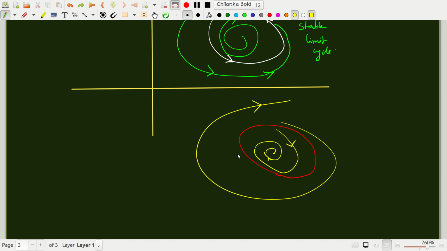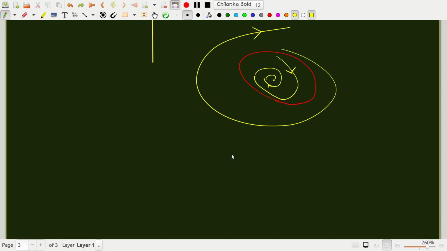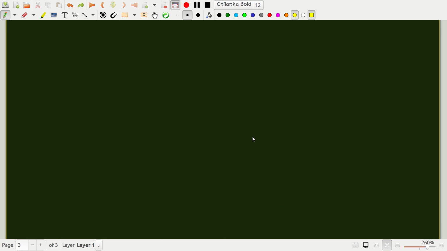These are inherently nonlinear solutions. This is a very special feature in two-dimensional systems. We'll come to limit cycles in a little bit when we discuss bifurcations.